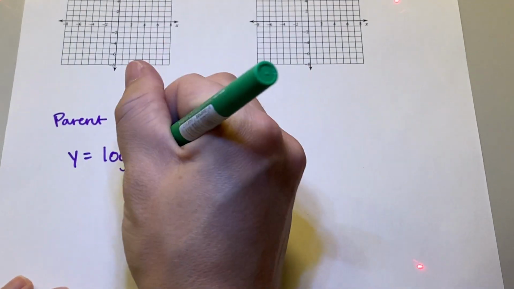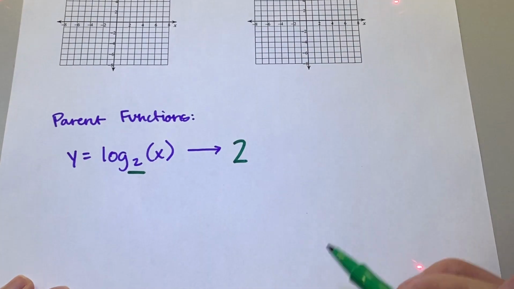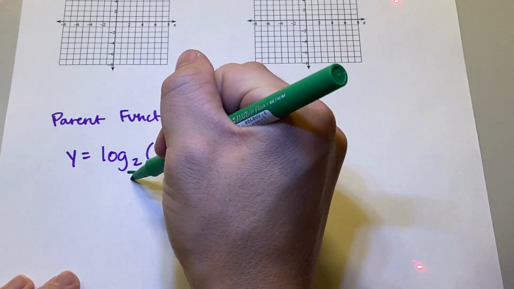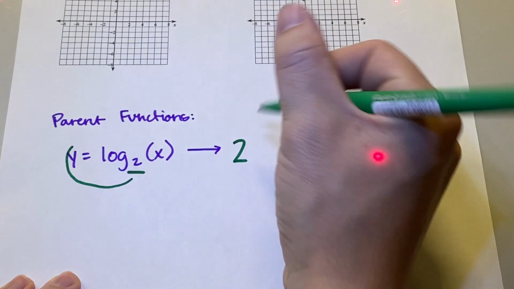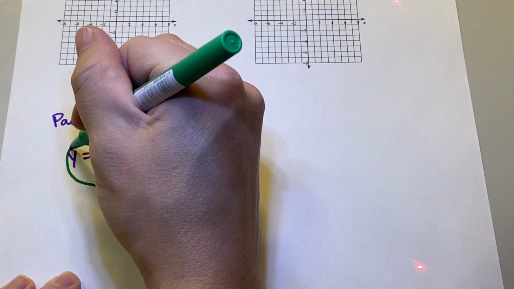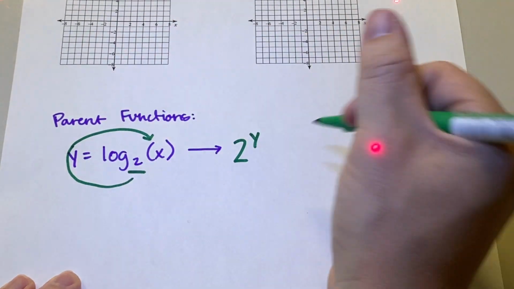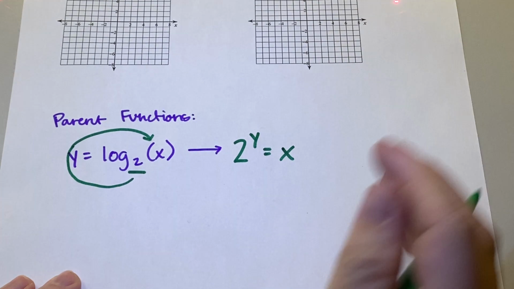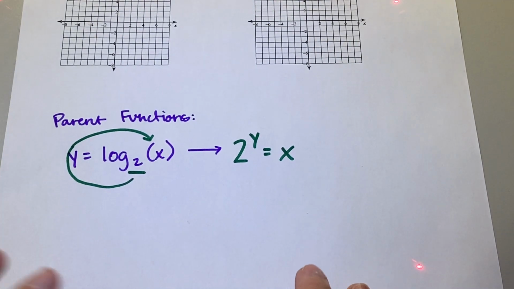Our base is 2. But then we go in this little circle here. We pick up the y. So 2 to the y power, and it equals x. Two to the y equals x. This is going to help us graph this guy.